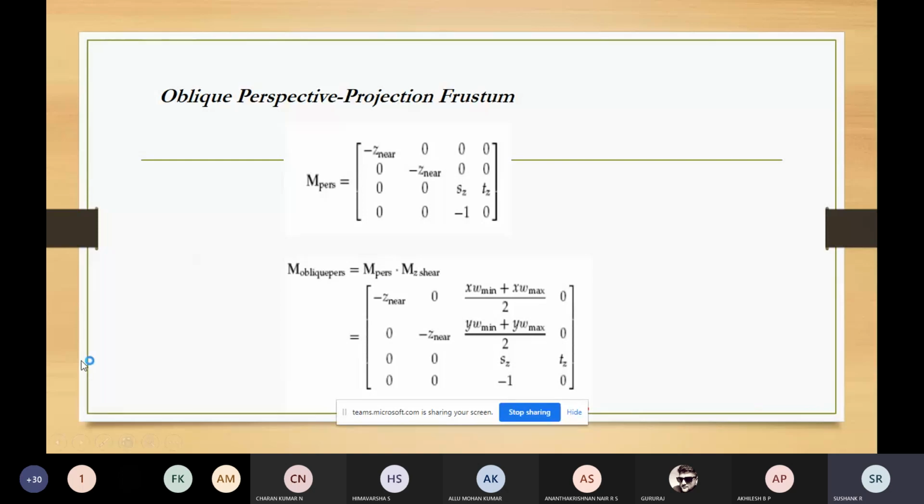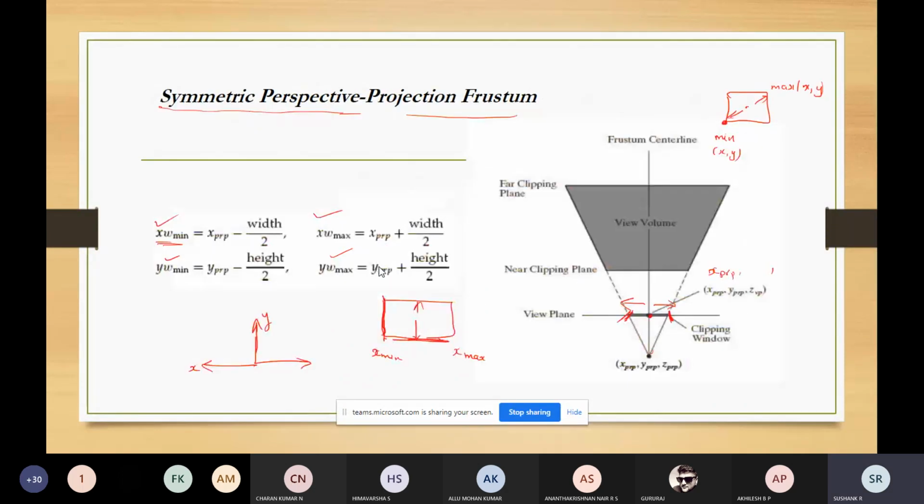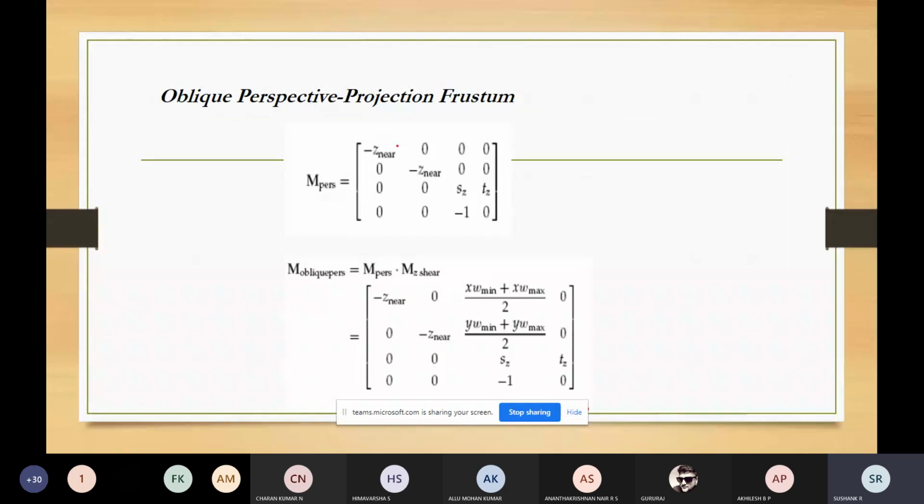The matrix which we had seen here will get simplified to the matrix which I have written here. This is a simplified version.